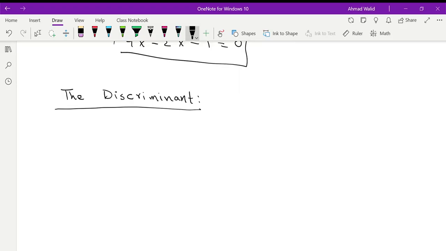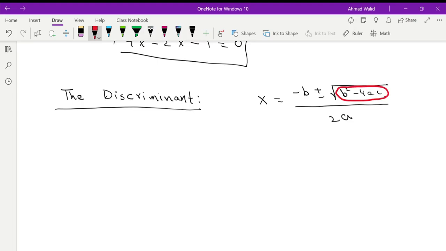In your quadratic formula, which was x equals negative b plus or minus the square root of b squared minus 4ac over 2a, this part of the equation, b squared minus 4ac, you see I circled it by red color, we call this part the discriminant, correct?